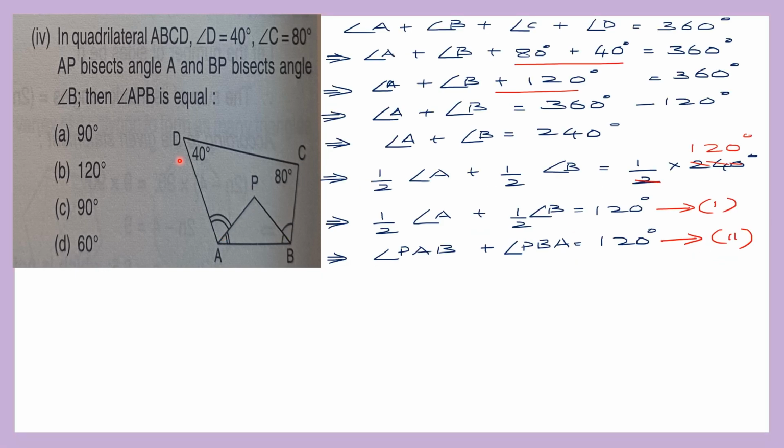Now, the triangle APB, this whole thing is a triangle now, isn't it? This whole triangle, the sum of the interior angles of a triangle is equal to 180 degrees.